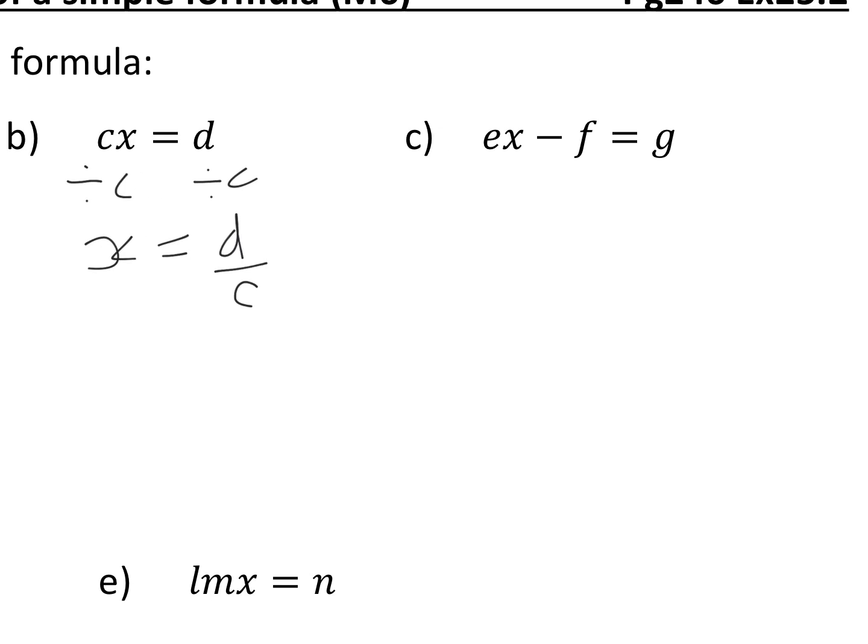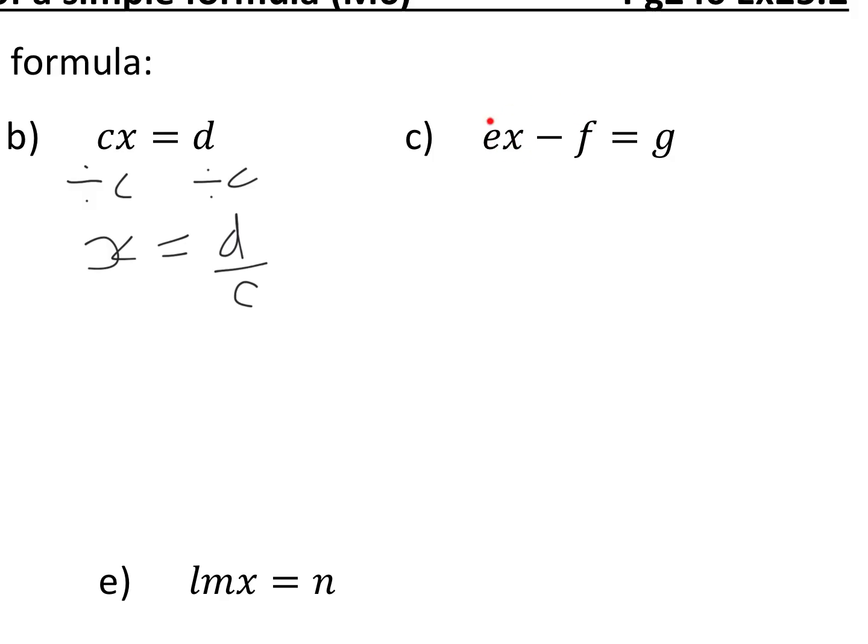In part C, we've got ex, so x is times by e, then f is subtracted, and that's equal to g. So with most cases here, really, you want to start as far away from the x as possible and deal with those terms first. So this minus f, we could get rid of that to begin with. We can't really get rid of the e because the e is only multiplied by x.